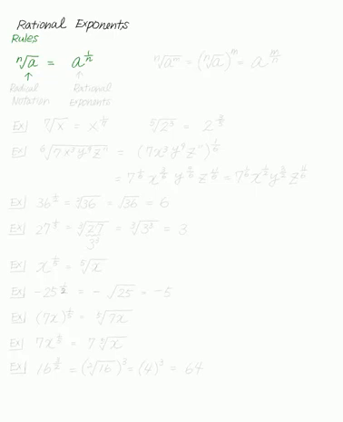This first notation is what we call radical notation. It can be rewritten with rational exponents as a to the 1 over n power.